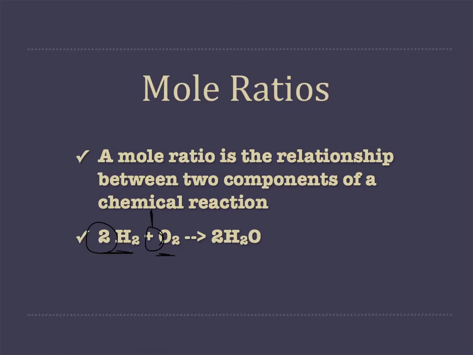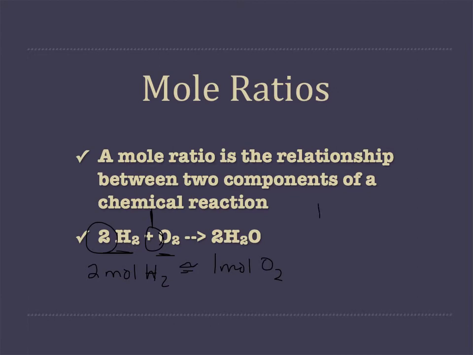Okay, so here's what we're saying. 2 moles, and we could be talking about molecules too, as I said in the last section, but 2 moles of hydrogen are equivalent to, and I usually do a little squiggly equal sign, 1 mole of oxygen. And we're going to use those to make some fractions.